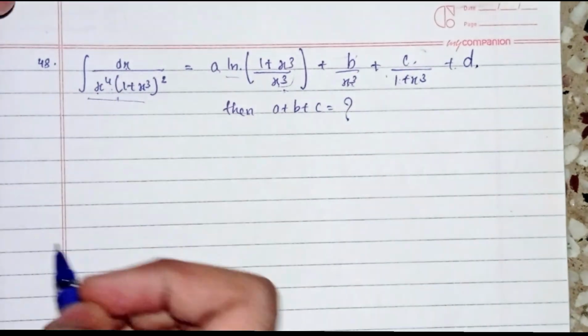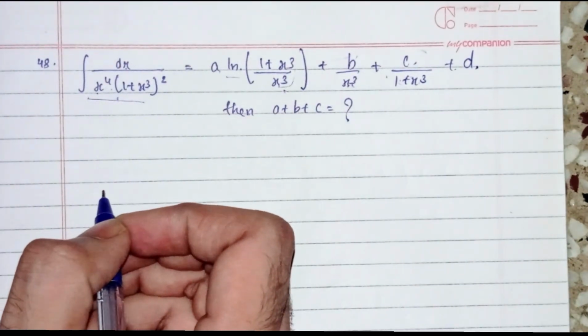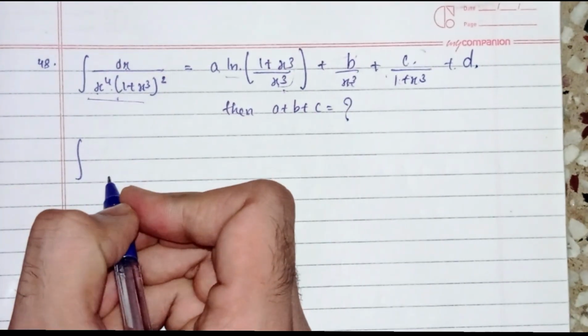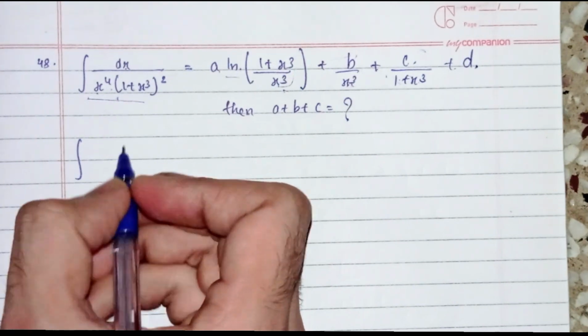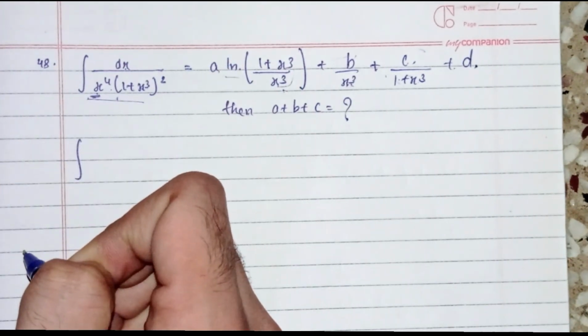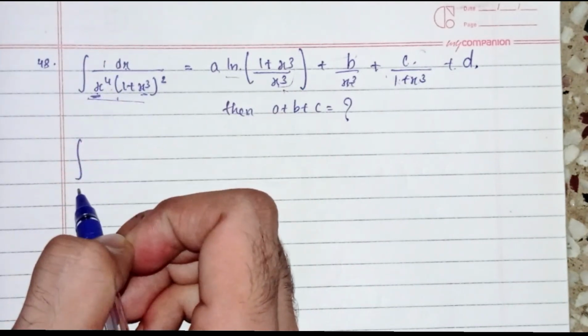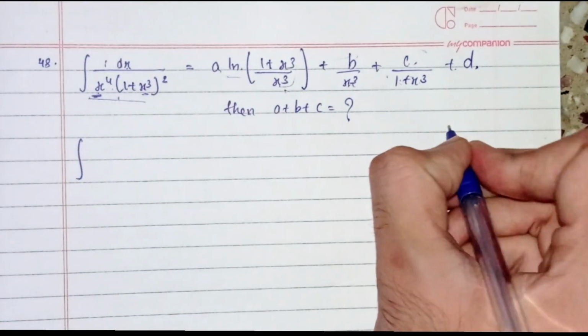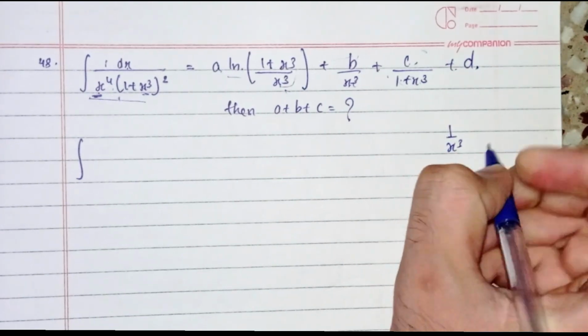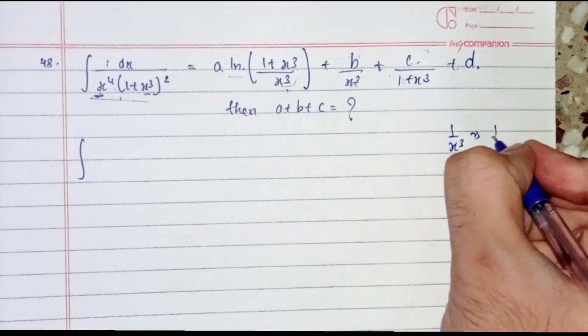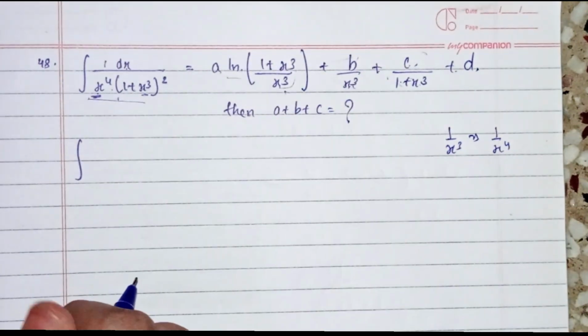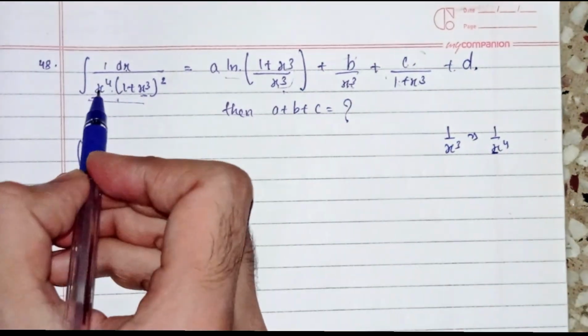If we need to find how to integrate this part, what we have here is x to the power 4 and x to the power 3. Here we have 1 upon x to the power 4. If I get something like x to the power 3 and differentiate it, I will get x to the power 4, and this is what we have here.